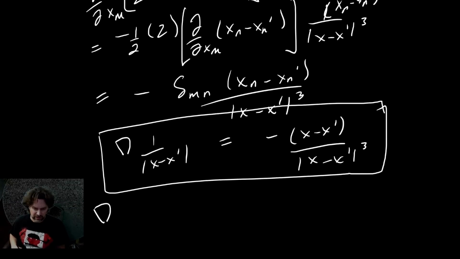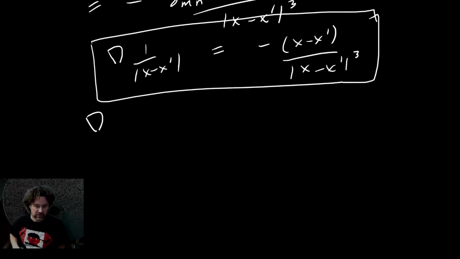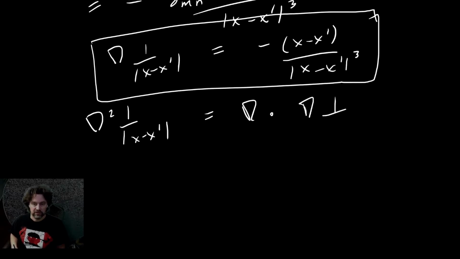So we're only looking at the case where x minus x prime is non-zero. So del squared of 1 over the magnitude of x minus x prime is grad dotted with the gradient of 1 over the magnitude of x minus x prime. And we just computed this piece.